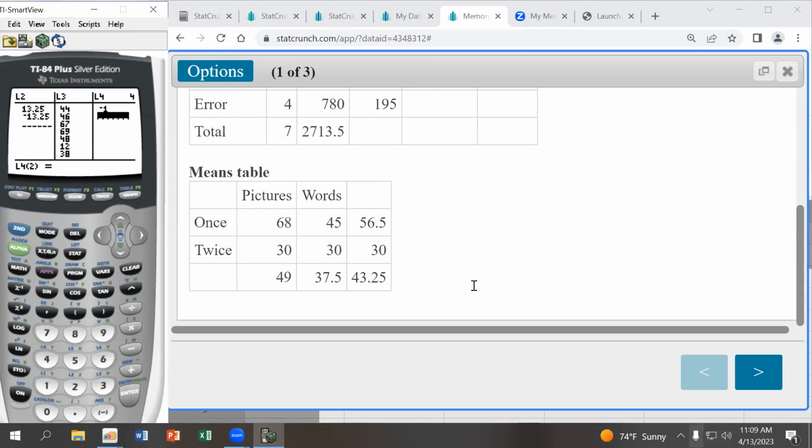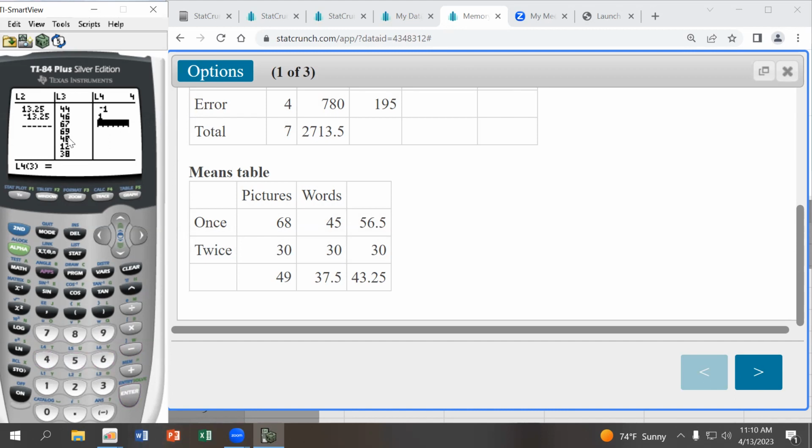Enter. Don't worry about the sign, not that big of a deal because we are going to square. 46, still in the same cell. So 46 minus 45. Good.